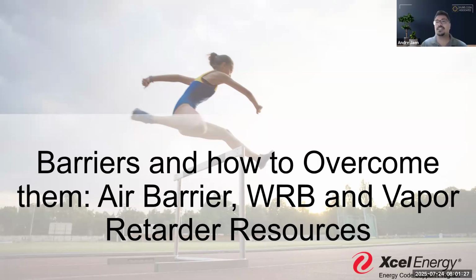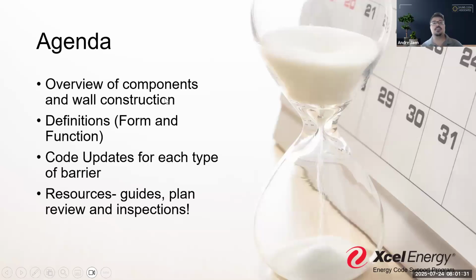So, in large part, that's kind of the big stuff that we're going to talk about today. Our agenda is going to look like this. We're going to talk about some overview of construction components. We're going to talk a little bit about the stuff that Josh usually does have for you on a regular basis, about the form and function of the code and why it's built the way that it is. I know that that's a key component he likes to keep up on every webinar, and I won't let you down by taking it out.